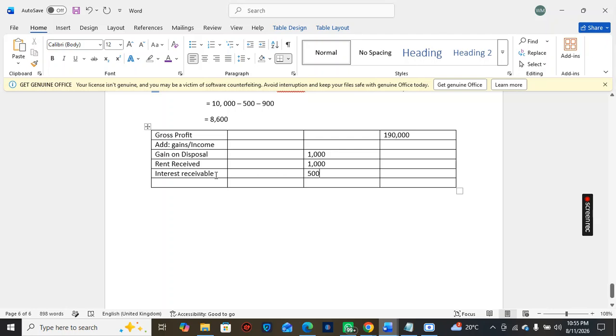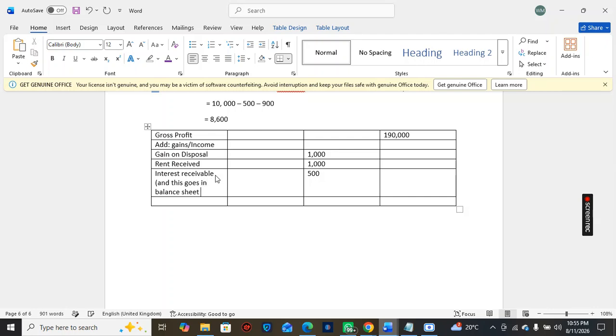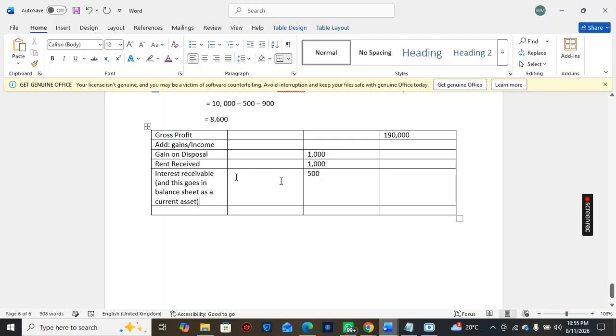You don't need to put this in, as it goes in the balance sheet as a current asset. But I just need to remind you that if you see something receivable, rent receivable, commission receivable, dividends receivable, then you know.